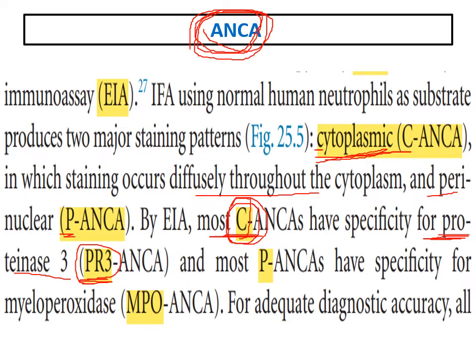We can use either of them in clinical practice and in the exam. You should know that C-ANCA is proteinase 3 ANCA, and most of the P-ANCA have specificity for myeloperoxidase ANCA. Very important. C proteinase 3, P-ANCA myeloperoxidase. Don't forget that, and you should know both names.